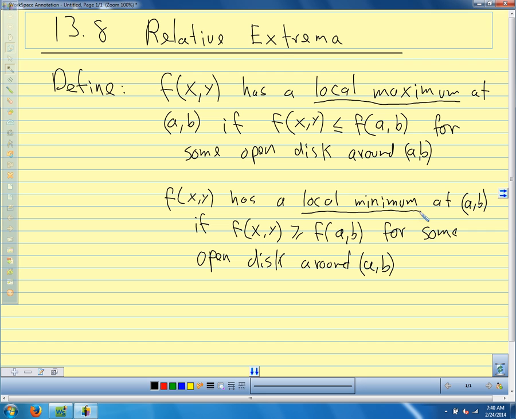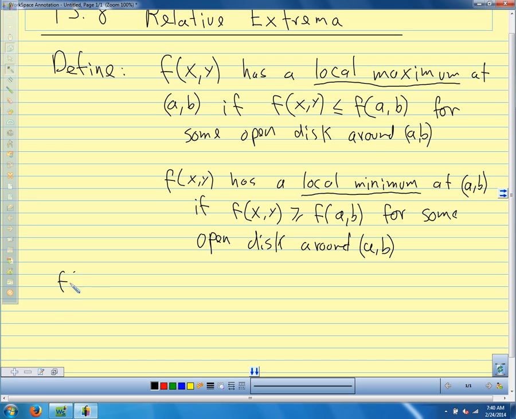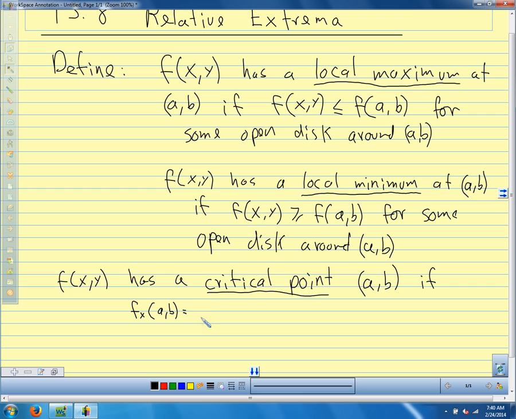Critical points. We define critical points in a very similar way to the critical points of a function of a single variable. So f(x, y) is going to have a critical point at (a, b) if both of our first partials are 0 at that point, or if our partials do not exist.